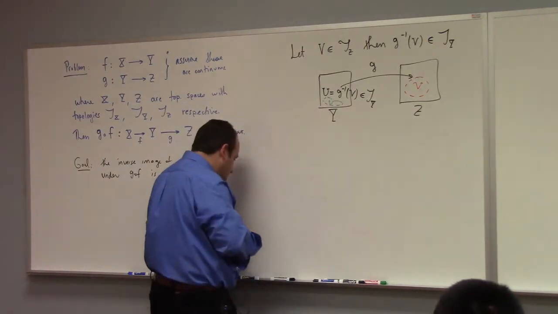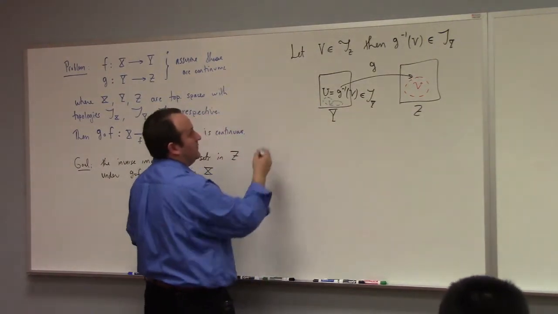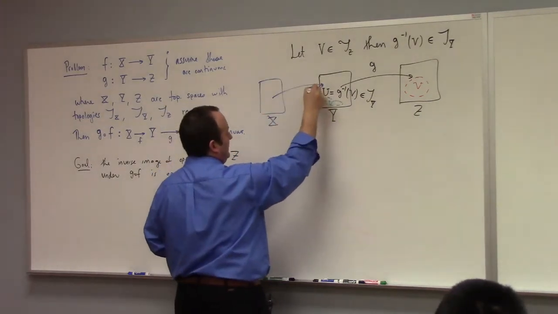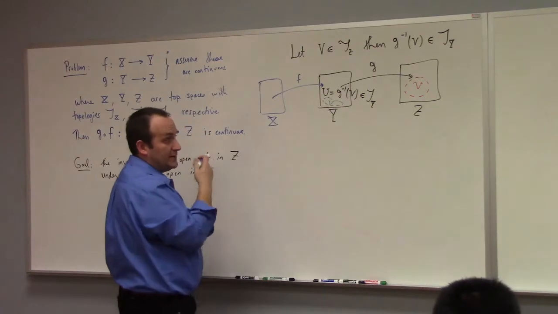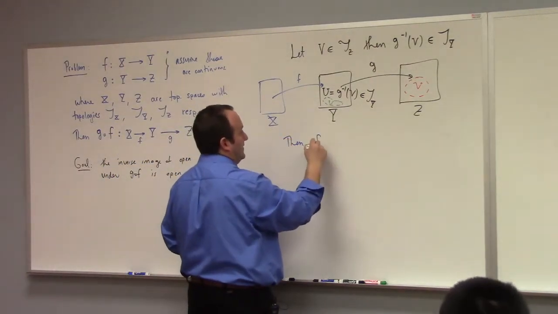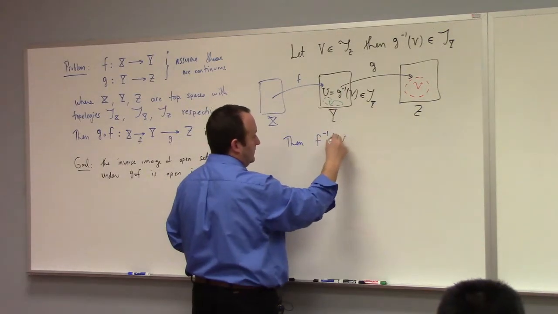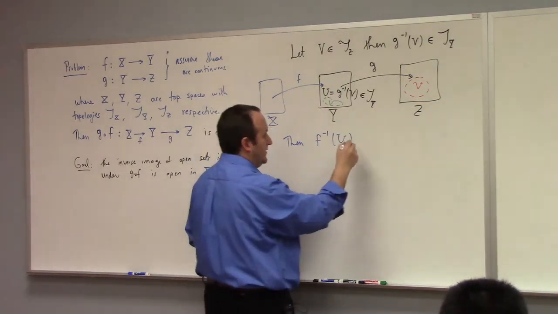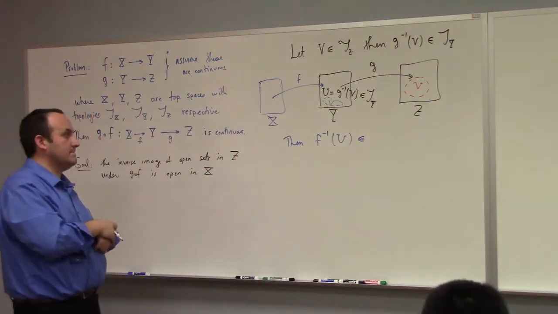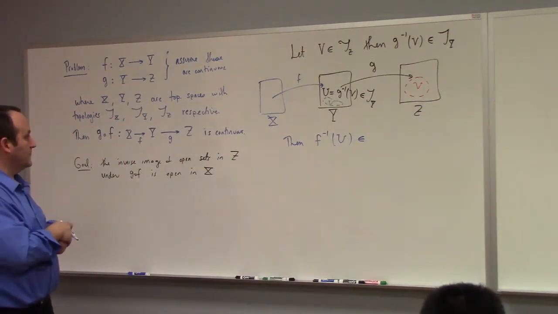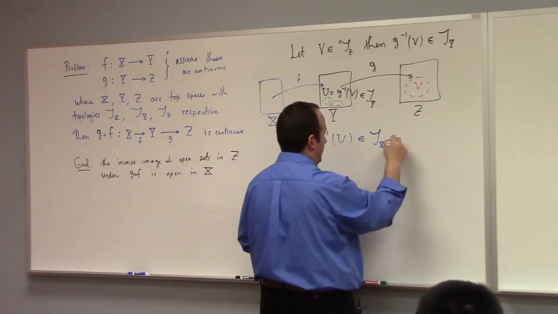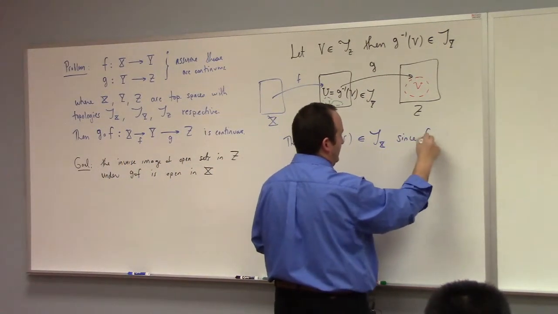And then, of course, you've got X over here. You've got this function f going from X to Y. Then f inverse of U is an element of what? The topology of X, because why? Since f is continuous.